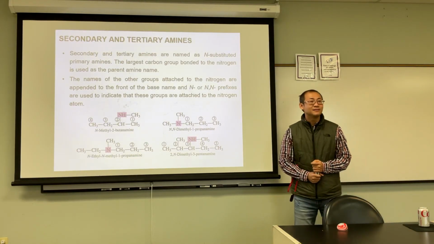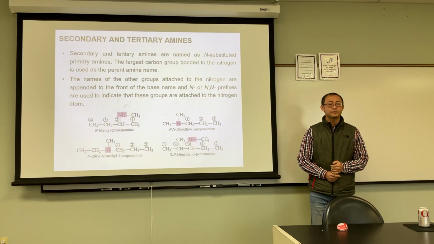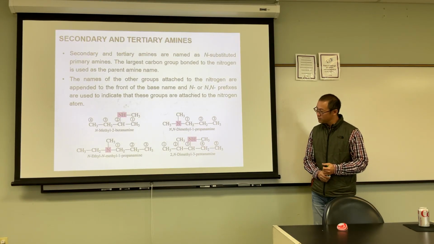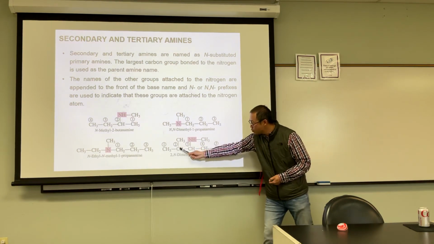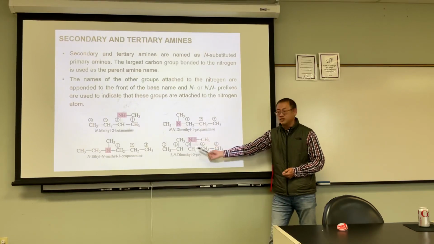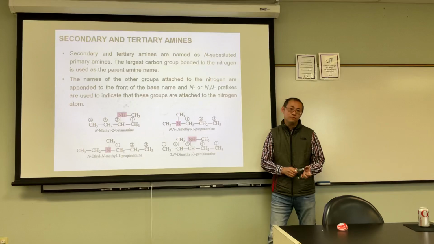Does it make sense? The names for the rest of the 3. Okay, take a look at the last one. There are methyl groups on what? On number 2 and also on what? On the nitrogen. So you put 2,N-dimethyl.